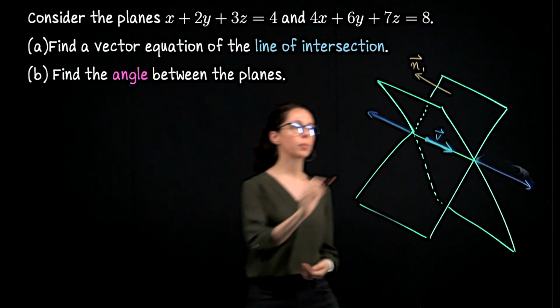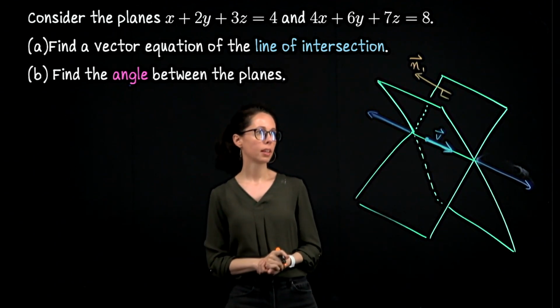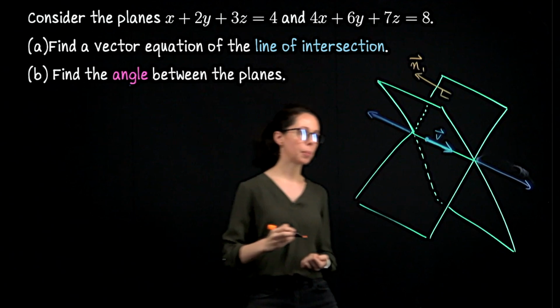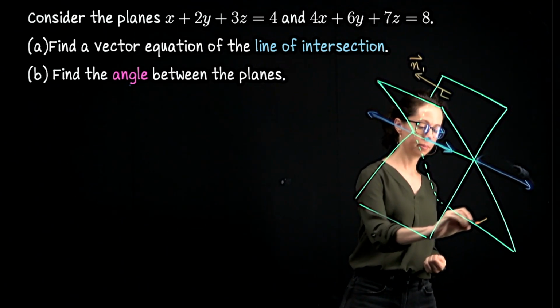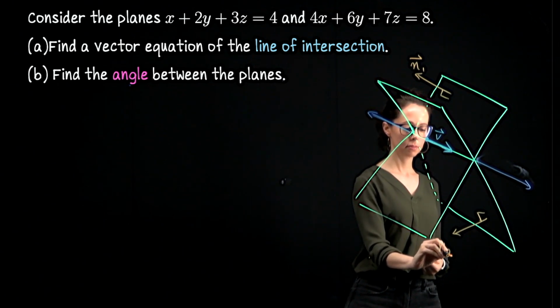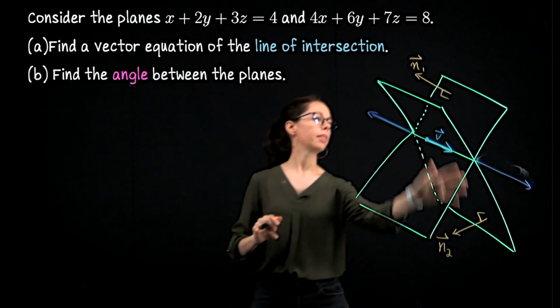So that's like a vector which is orthogonal to this plane. And then for the second plane, diagram's getting a little busy at the top. Let me put it down here. Vector n2 will be perpendicular to this plane.